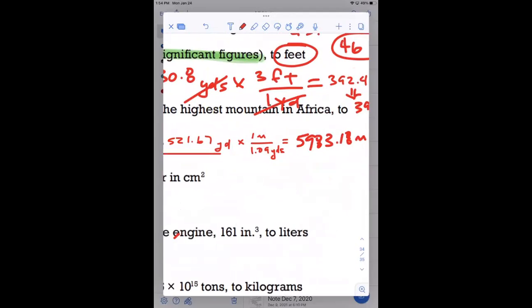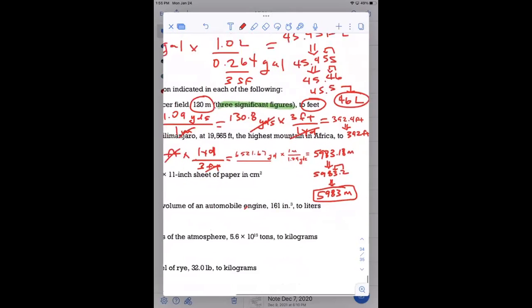And we're going to report it in 4 sig figs. So let's round this to 5,983.2. And then the 2 is not going to change that number. I said 83.2. So that's gonna be 5,983 meters. Right? Everybody following, everybody comfortable so far?